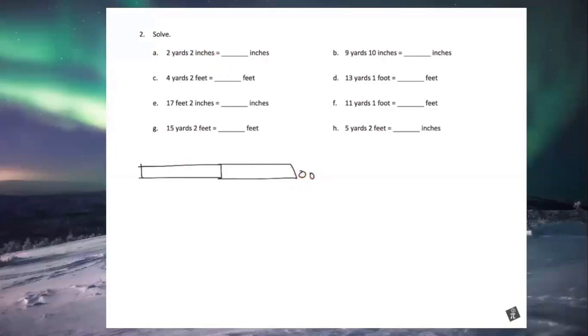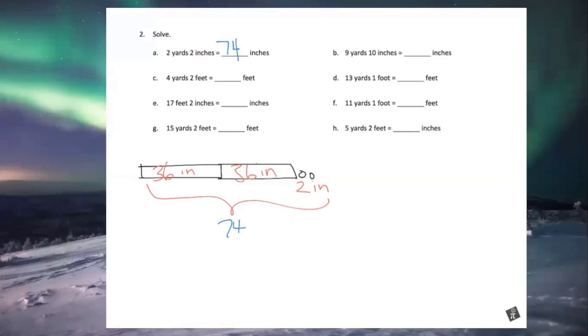Okay, so 2 yards, 2 inches. Well, each of these yards is 36 inches. So there's 36 inches, here's 36 inches, plus we have 2 more inches. So all we have to do is add 36 plus 36 plus 2, so that's 74 inches. So we know that 74 inches goes right there.